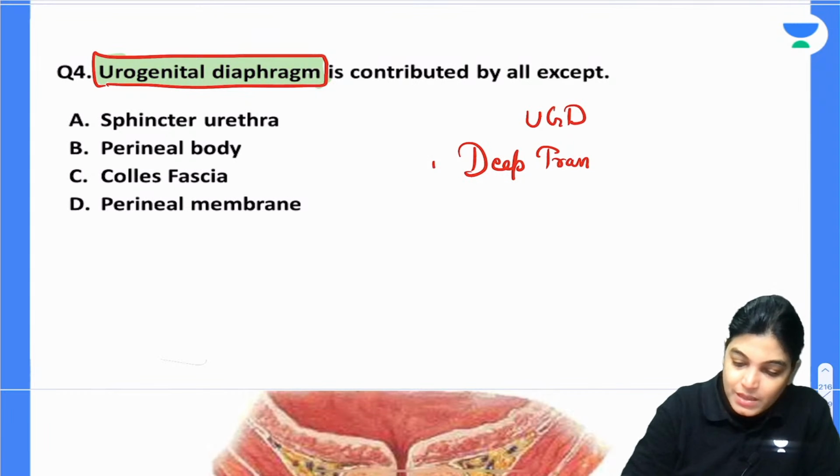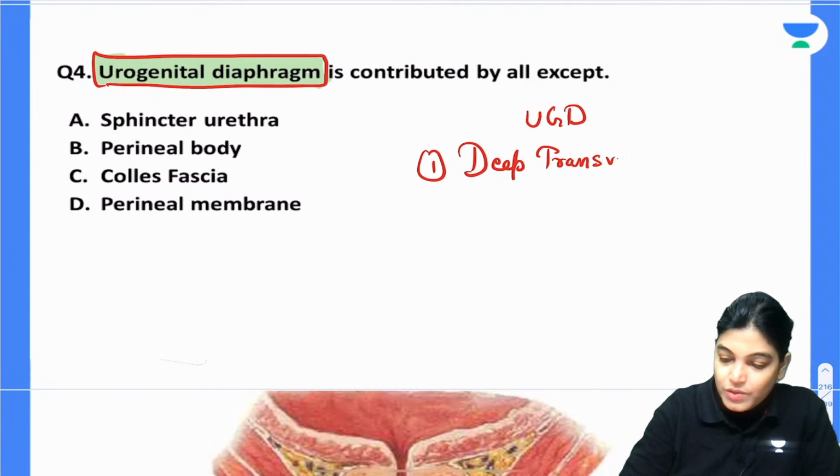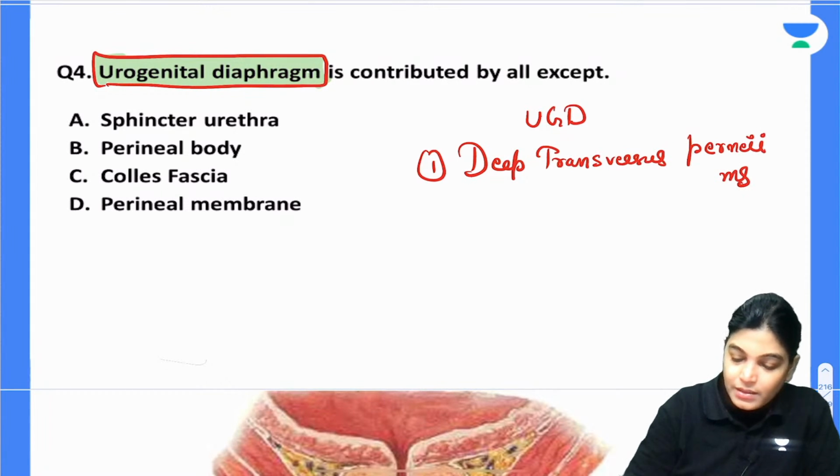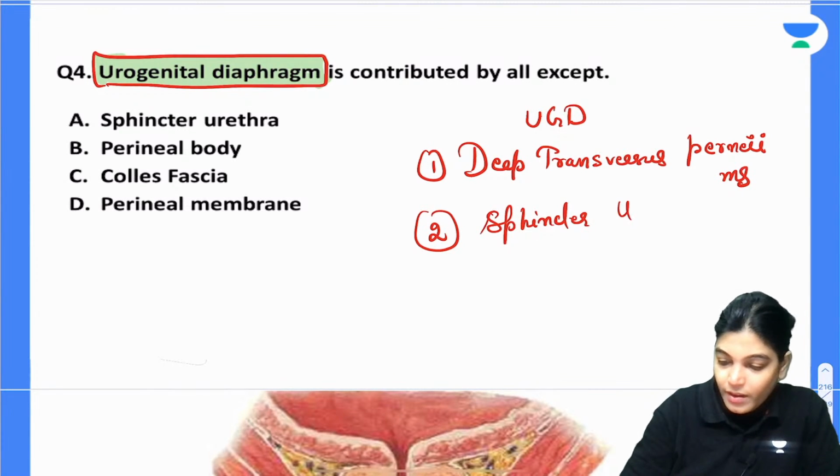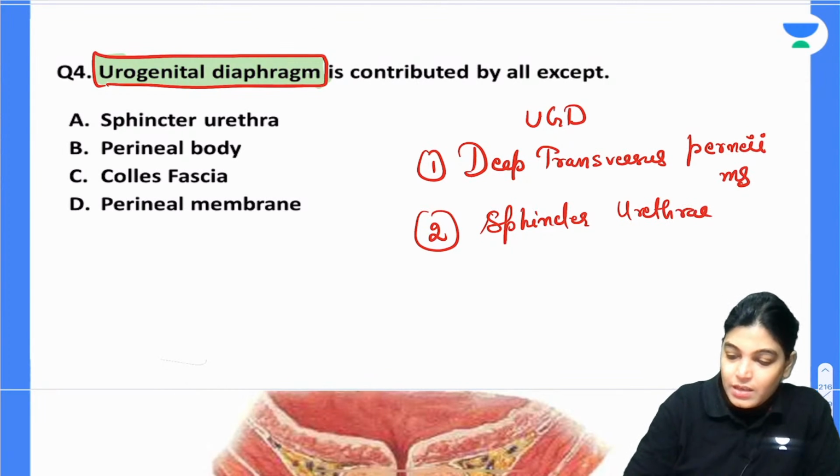One is the deep transverse perineal muscle, and the other is the sphincter urethrae muscle.